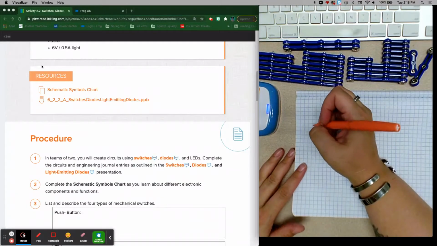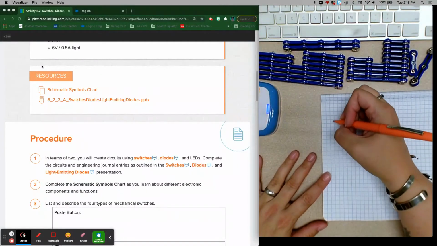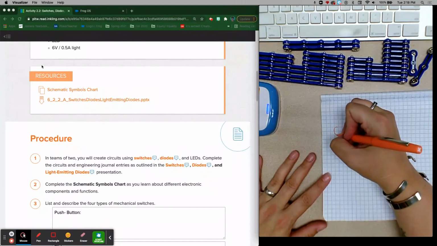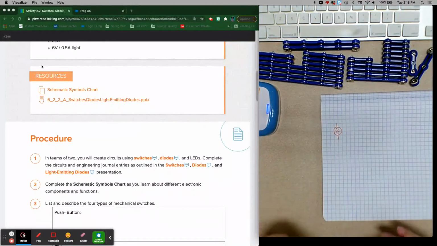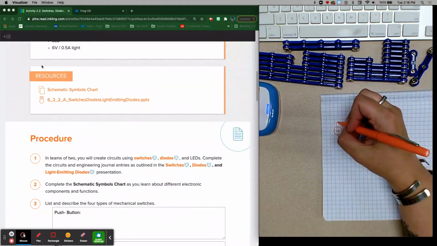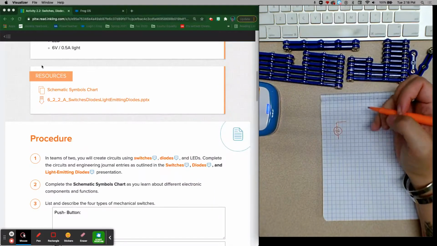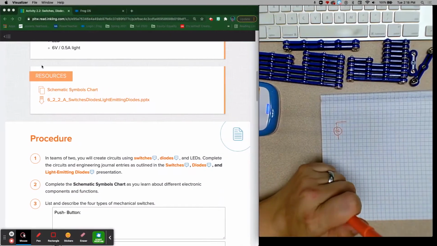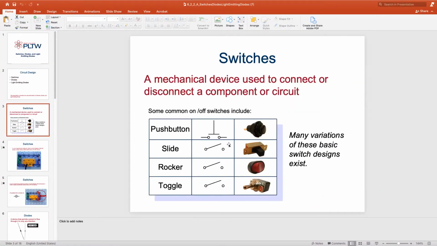From our previous lesson, we know that a DC power source symbol looks like this. Next, we want a switch. Now, if you noticed on that slide, a slide switch has this symbol.